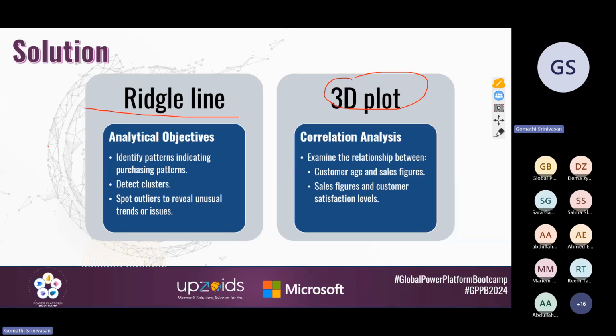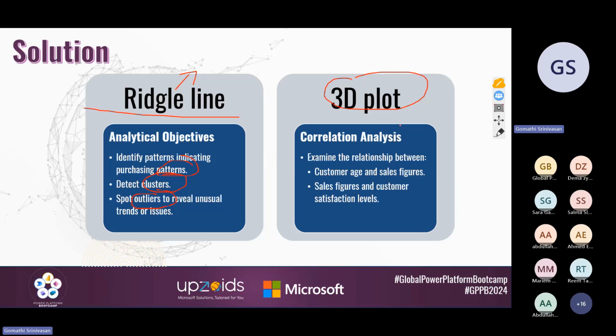If you want to understand distributions across a product category or sales figures, detect clusters, or spot outliers, then you can go with a ridgeline plot.